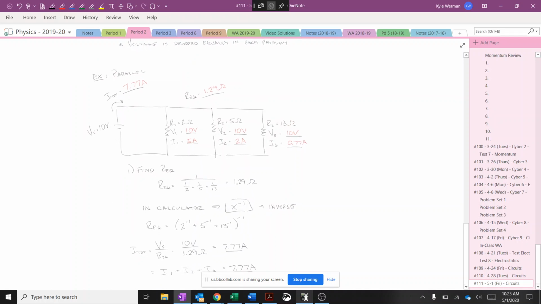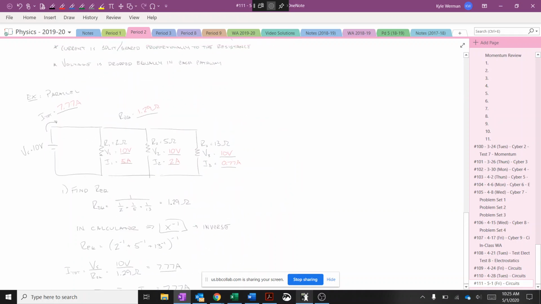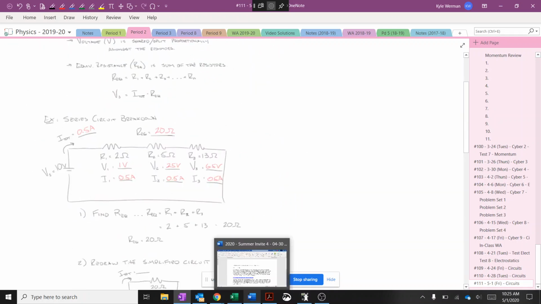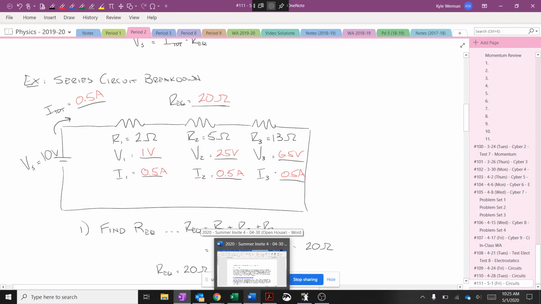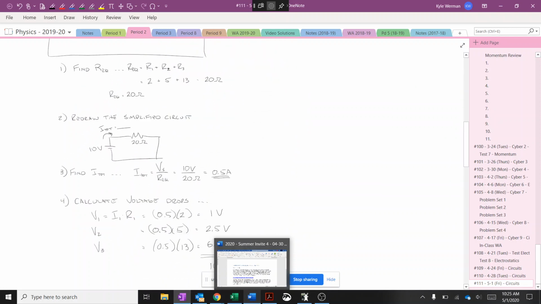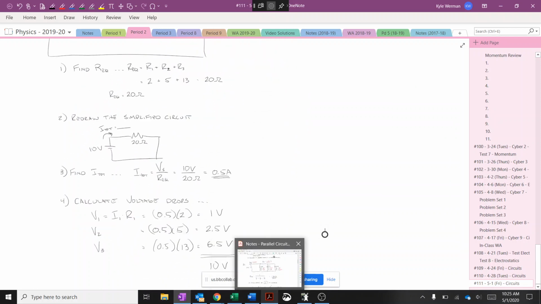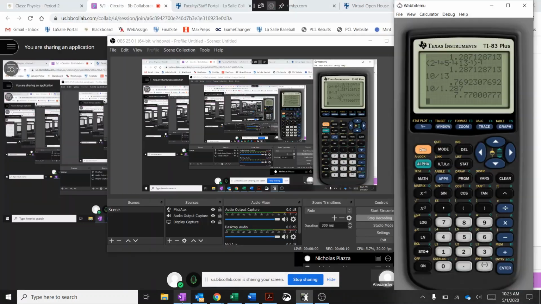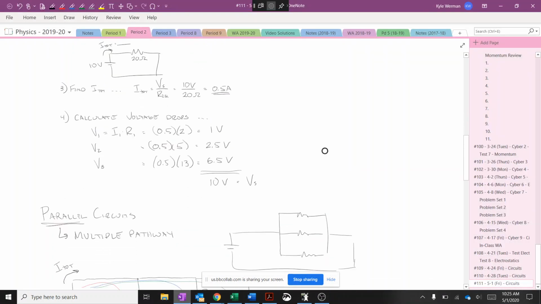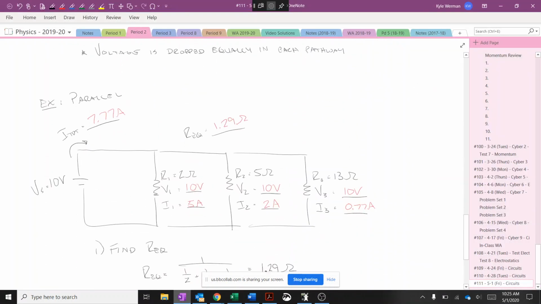A lot higher current in this circuit than we got in our one here. I only got a half an amp through this circuit when those same toll booths are arranged back to back. Well, now if we arrange them where they're separate pathways, we see that that current flow goes way up.